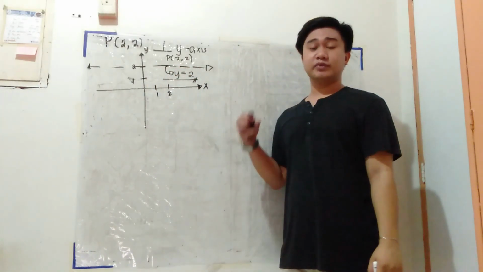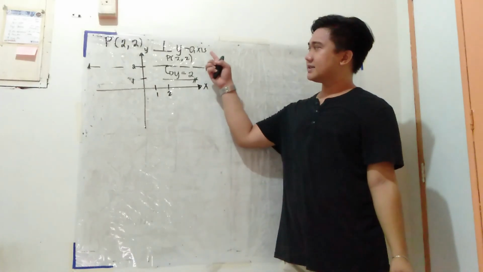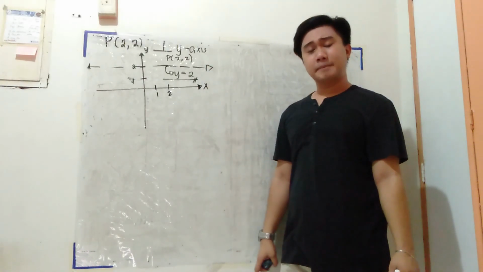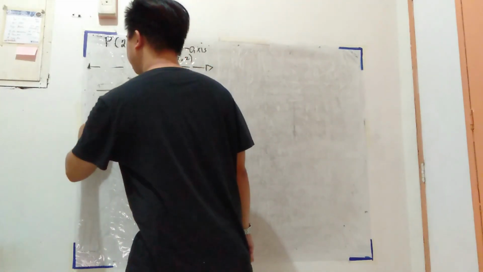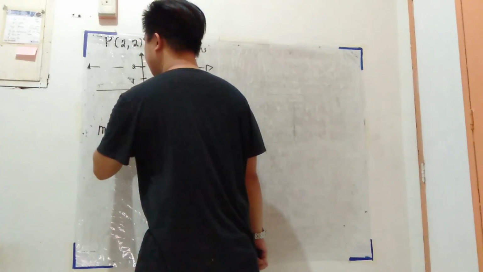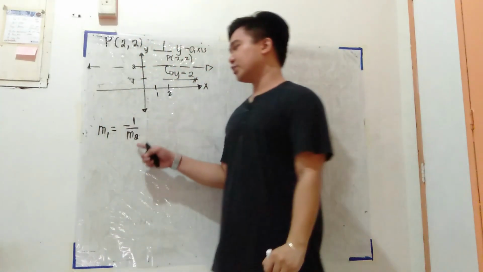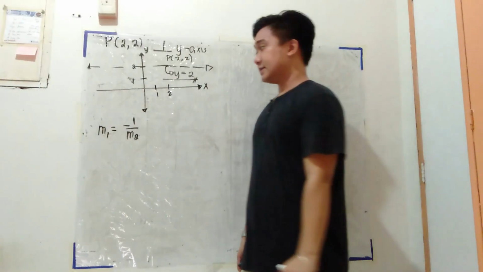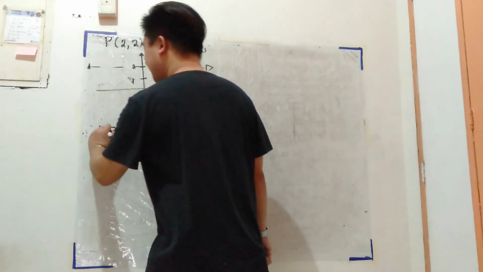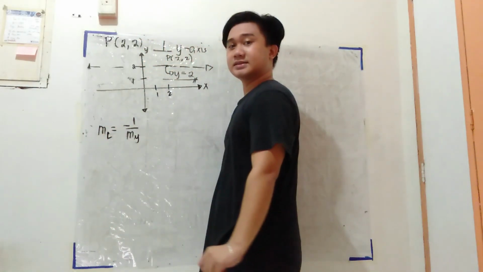But let us still prove that mathematically. First consideration: when you have perpendicular lines, the relationship of the slopes is that m1 is equal to the negative reciprocal of m2. Let's say this is the slope of the line we are looking for, and this one is the slope of the y-axis.